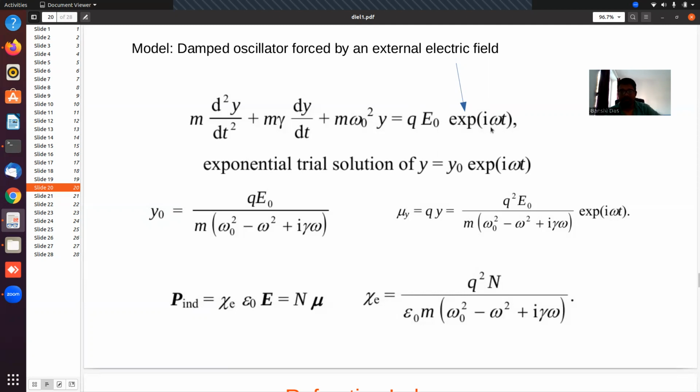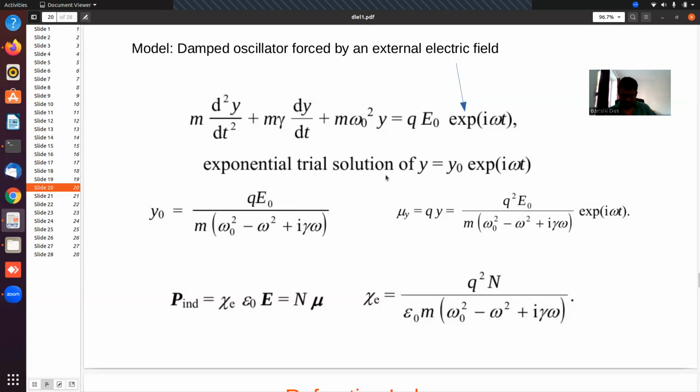This is the electromagnetic wave. So we can solve it by using a trial solution, y equal to y naught e to the power i omega t. This comes into a quadratic expression and we can solve it.